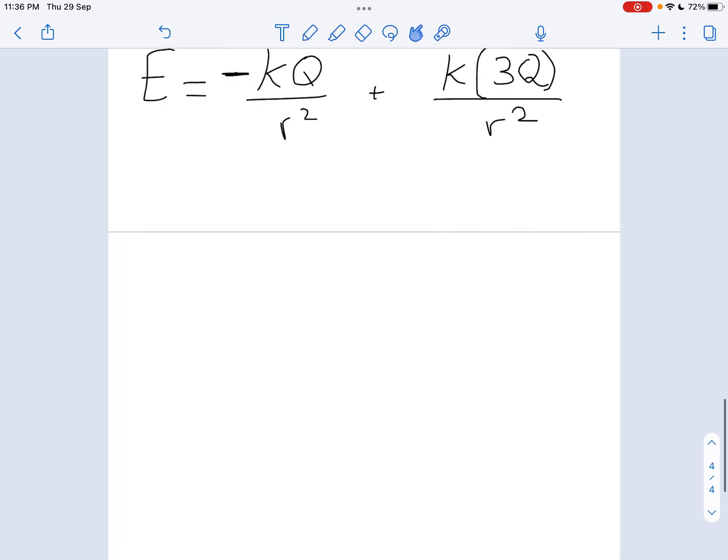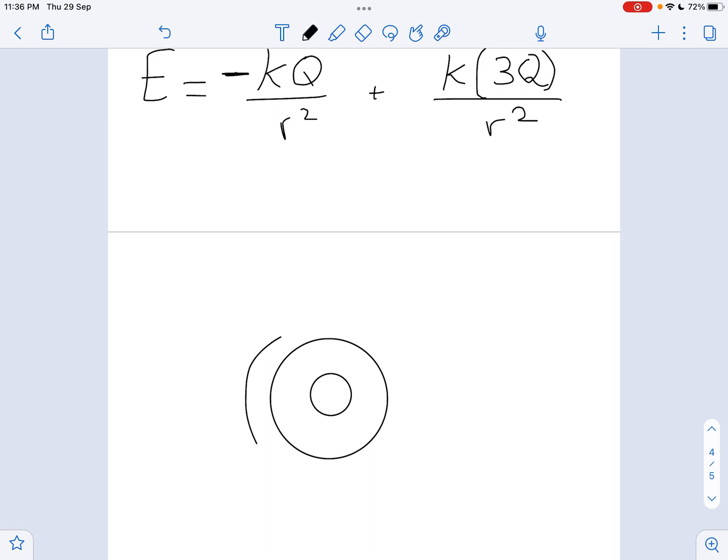So the figure, if you want, looks like that. That's the inner sphere, and that's the spherical shell. The spherical shell is positive, as we said, and the sphere is negative. So at any point outside, the sphere makes an electric field inward, while the spherical shell makes an electric field outward.